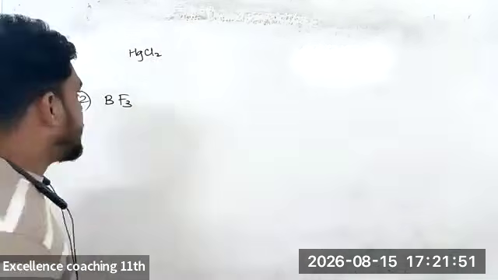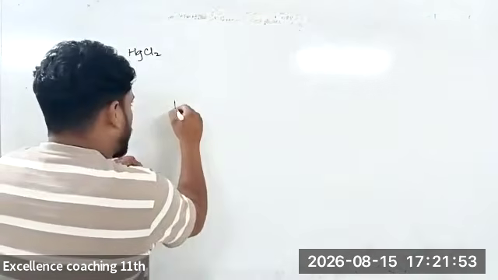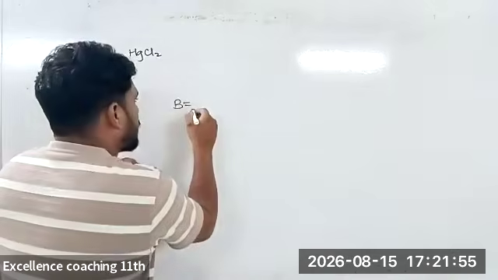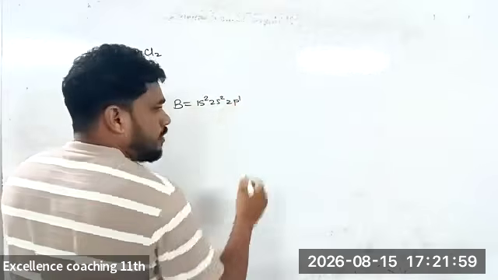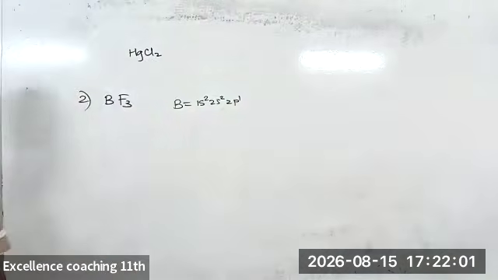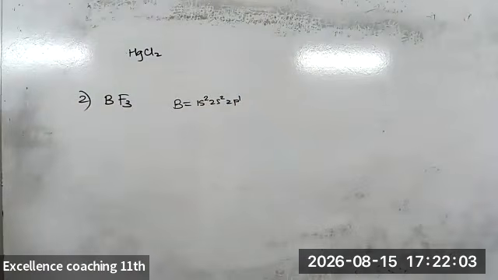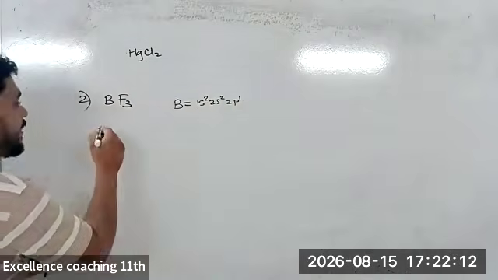BF3. First, as I told you, write the electronic configuration of boron. Atomic number? 5. 1s2, 2s2, 2p1. How many valence electrons does it have? 3. And how many bonds does it have to form? 3. Okay, so can you tell me the type here?